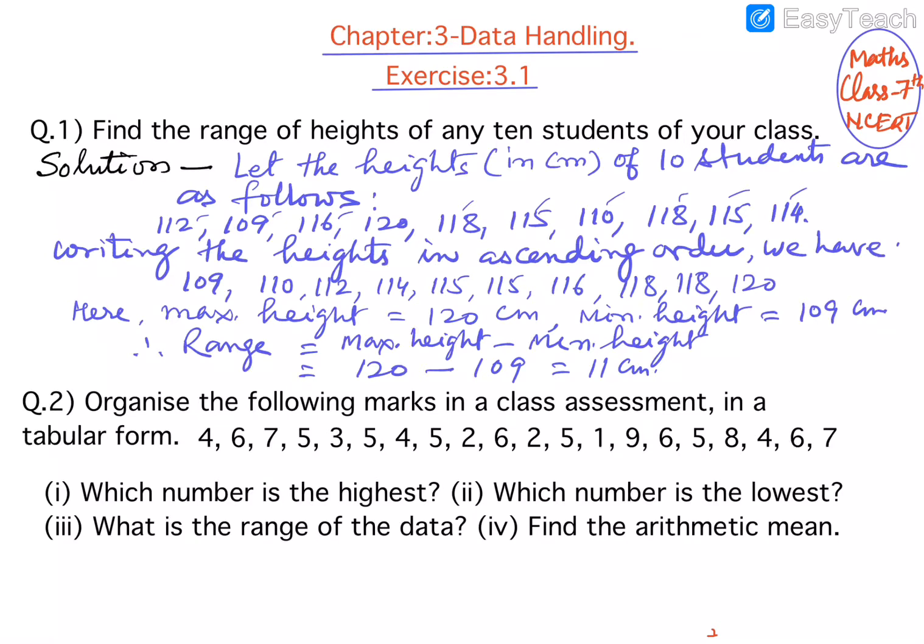Now writing the heights in ascending order, we have this data to be arranged either in ascending order or in descending order to get the least as well as highest value of the observation quickly.